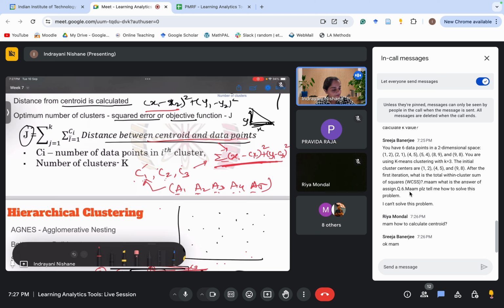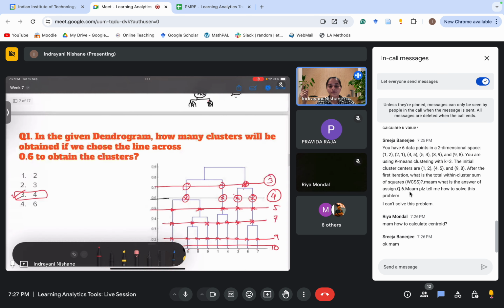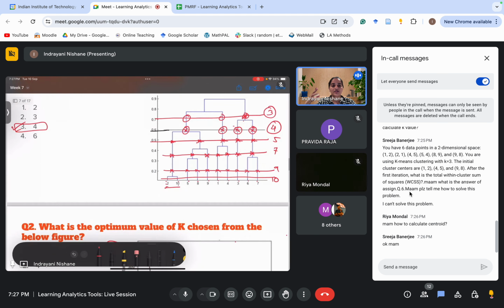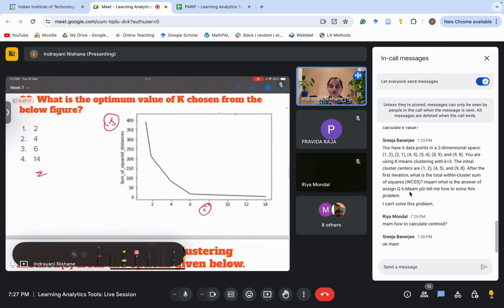It will give us the J value for K equal to 3, because there are 3 centroids. Likewise we can calculate for 5, 6 centroids, there is no limit to that, and we will plot it. K, the number of centroids, will be on the x-axis, and on the y-axis there will be the sum of squared distances. It is easy to compute.